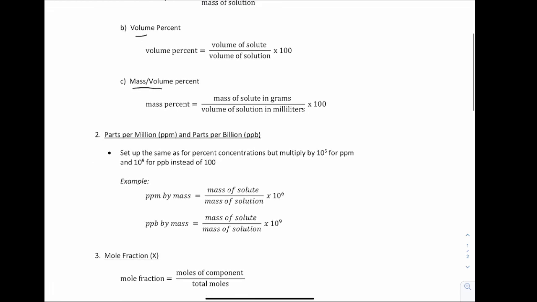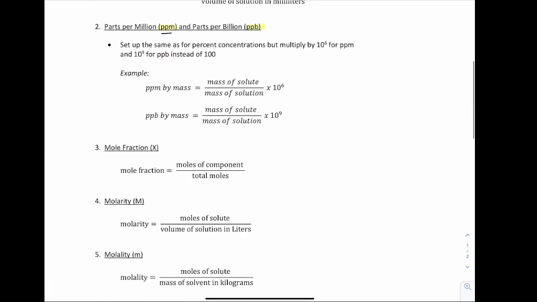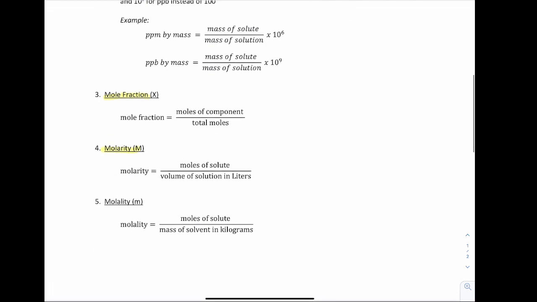And then parts per million and parts per billion. And then mole fraction, which we've already talked about, molarity, which we've already talked about, and then molality, which is going to be a new one for us.